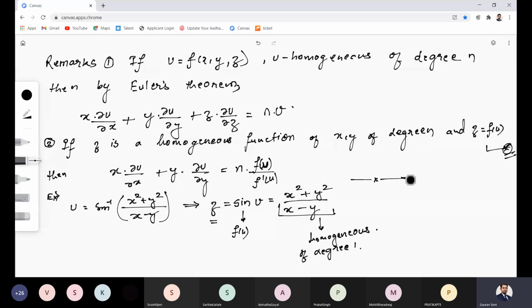Okay, so the result says that your u is equal to f of x, y is not homogeneous, but you can change it to a homogeneous function f of u. F of u will become homogeneous of degree n. Then x into partial derivative of u with respect to x plus y into partial derivative of u with respect to y is equal to n into f of u upon f dash of u.